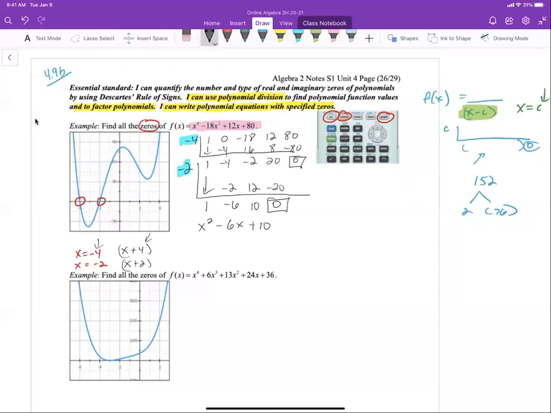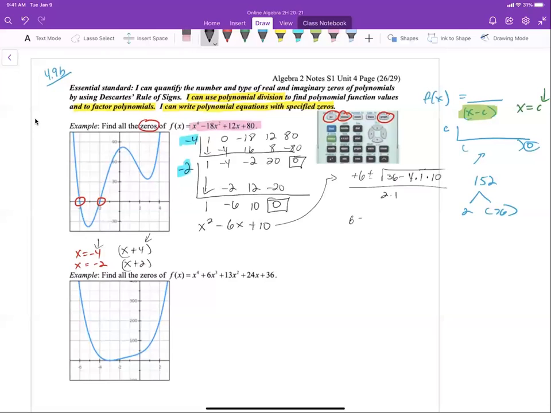So I'm going to have to use the quadratic formula. And so I'm going to do that over here, and I'll have negative b, which is a positive 6, plus or minus the square root of b squared. -6 squared is 36 minus 4 times a times c, which is 10, divided by 2 times 1.